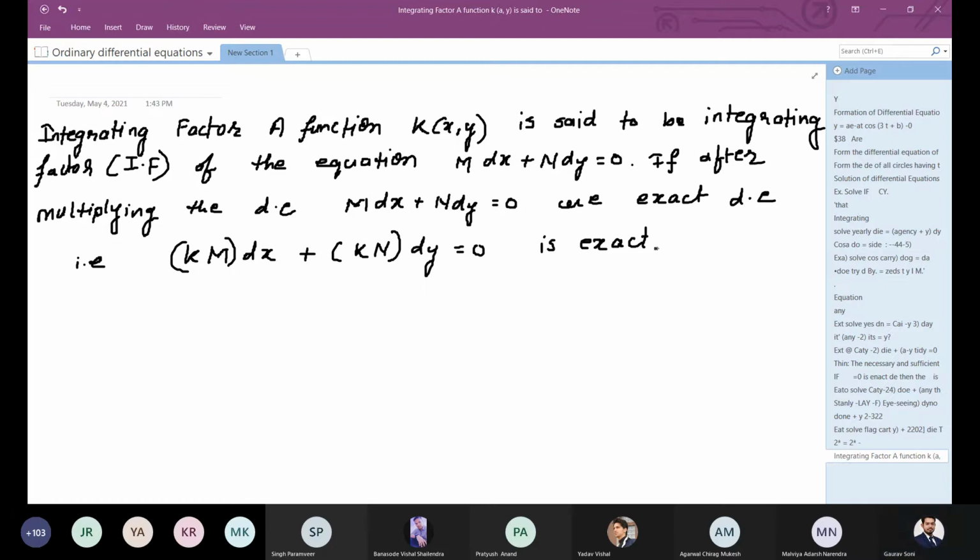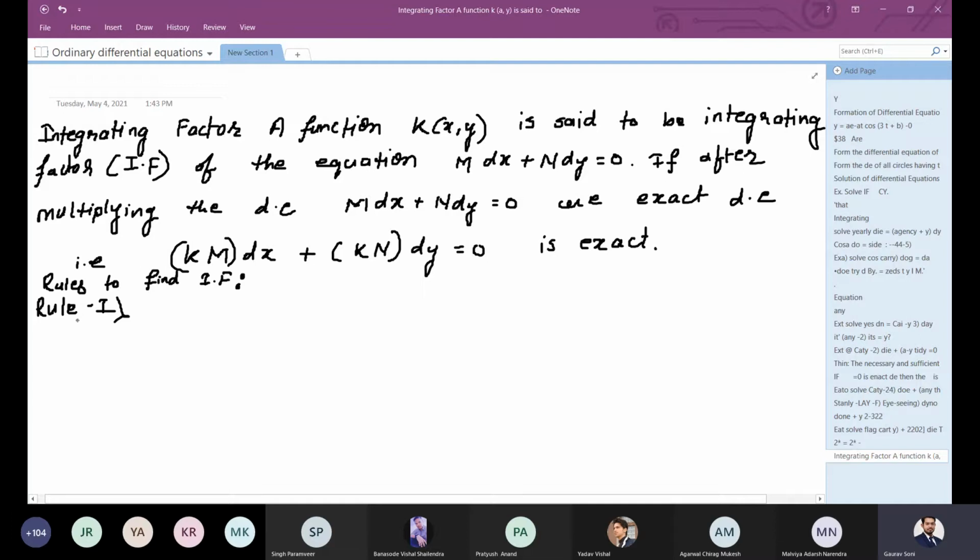There are 5 rules to find this integrating factor, but in our syllabus we'll study 4 rules. So, the rules to find the integrating factor.